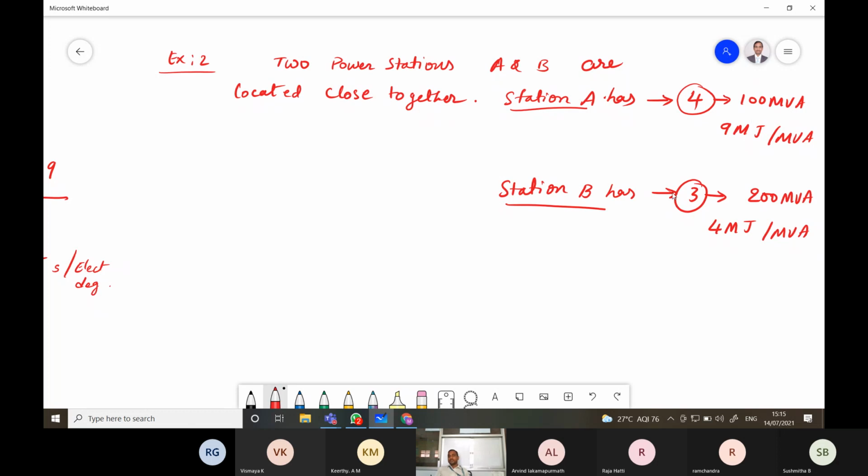In station B, 3 generators have 200 MVA, that is the power rating, and 9 MJ per MVA is the value of H for A. 4 MJ per MVA is the value of H for B.